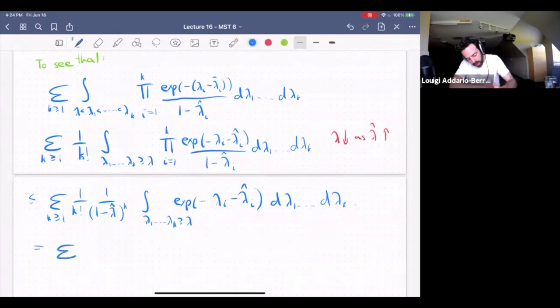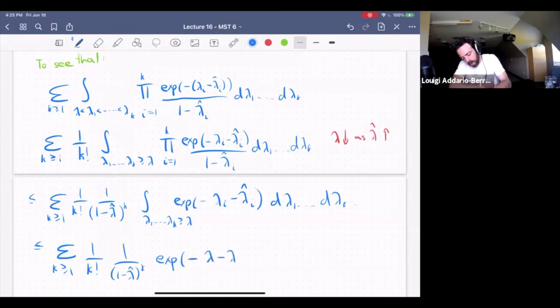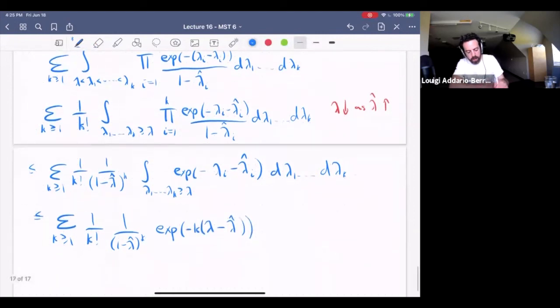Okay, so then that means that this whole thing is at most some k at least 1 over k factorial, 1 over 1 minus lambda hat to the k, and then e to the minus lambda minus lambda hat k times, so e to the minus k lambda minus lambda hat.